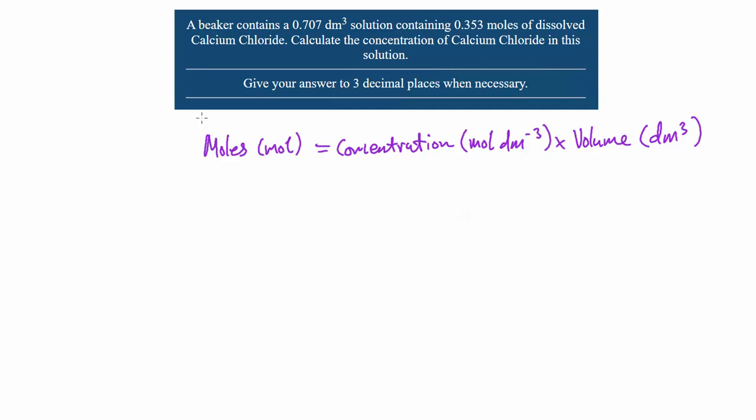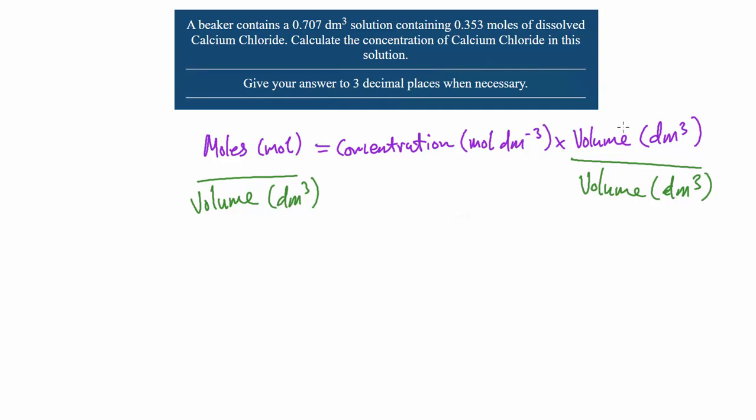So divided by the volume, and I'll divide this side by the volume. As you can see, what would happen in this instance is that would then cancel out effectively to 1, so it's just left with concentration.